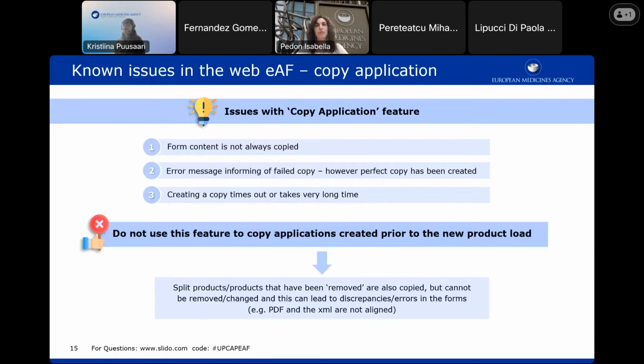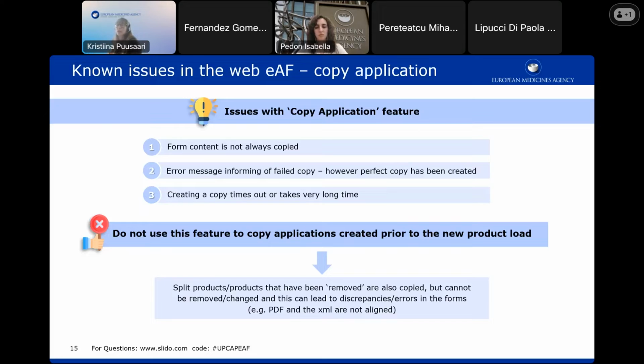And then we've also noticed that there are still some issues with the copy application, also called the clone application feature. So in some cases, the form content is not always copied. It could seem that everything has worked perfectly, but when you go into the copy, there is no content.